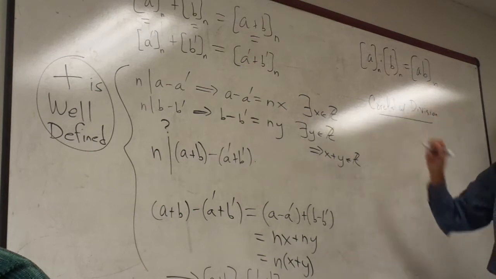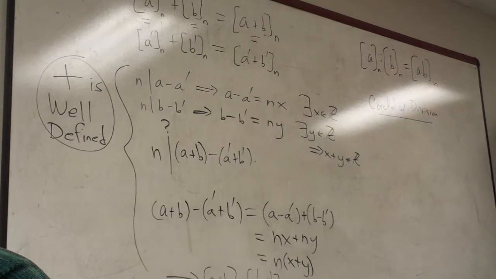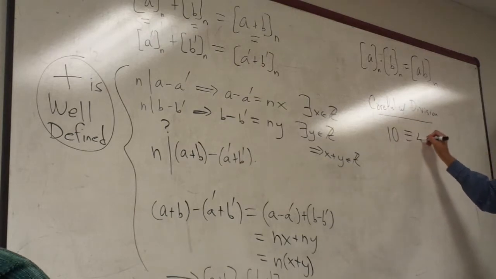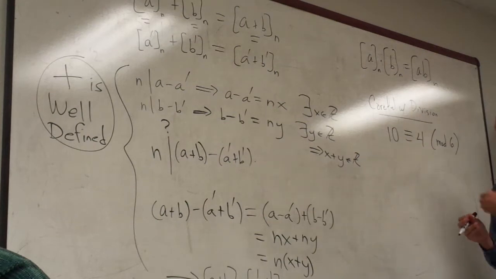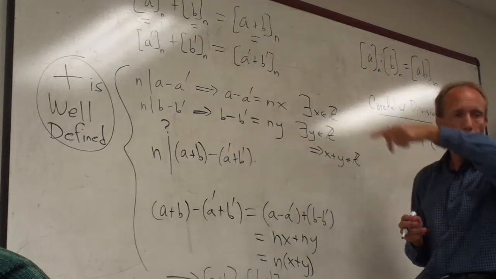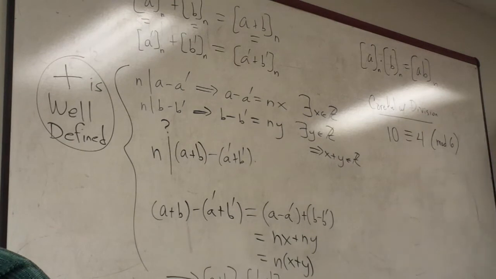Let me give you an example. In the world of mod 6, 10 would be congruent to 4. Again, all this means is that if you go back to the lists that we wrote earlier, in that list, the 10 and the 4 were in the same set. If you switch the 10 and the 4, would that carry a different meaning?